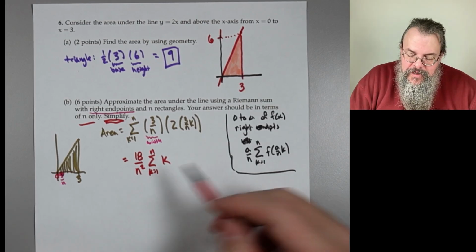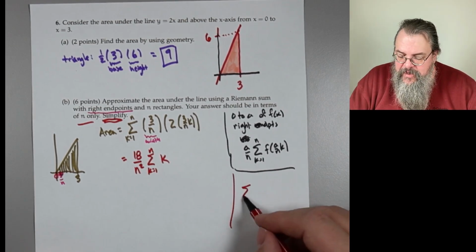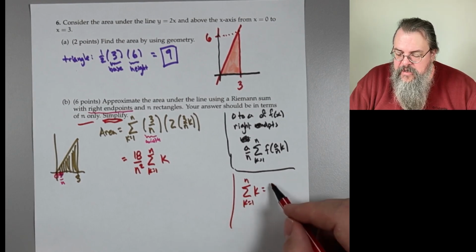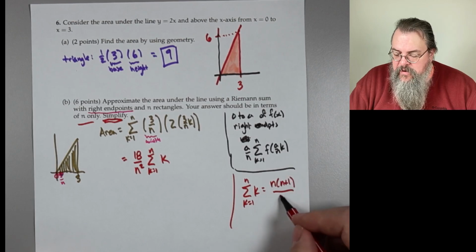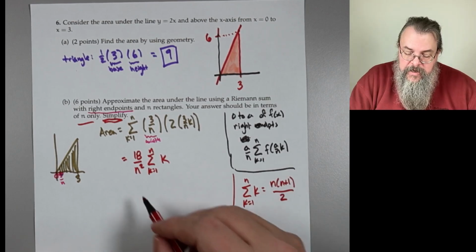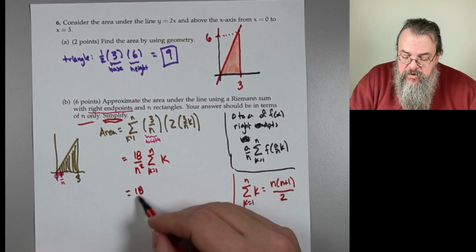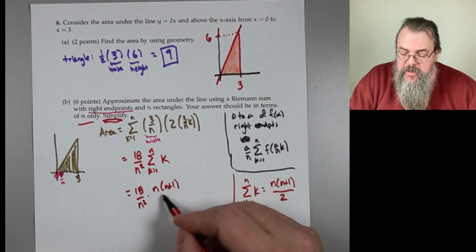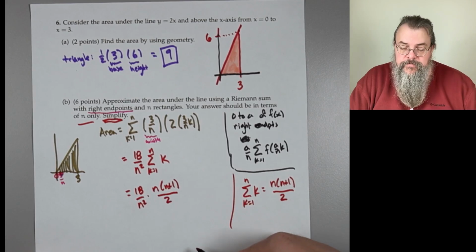So the sum, this is just a fact, and so I'm going to write it down on the side. One of these things that you have in your back pocket, you take your n times n plus 1, divide by 2. So here we have 18 over n squared times n plus 1, divide by 2.